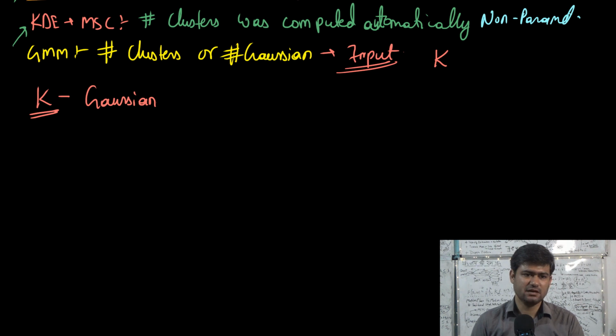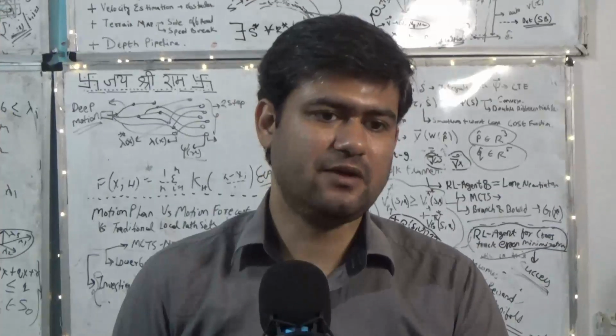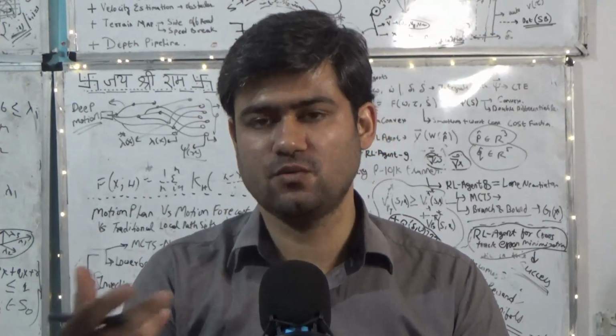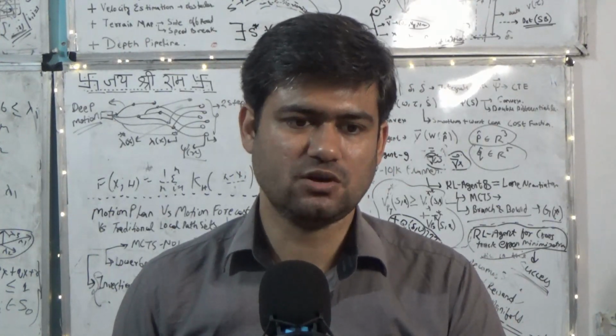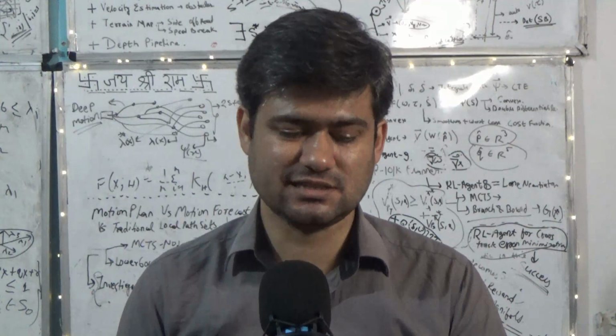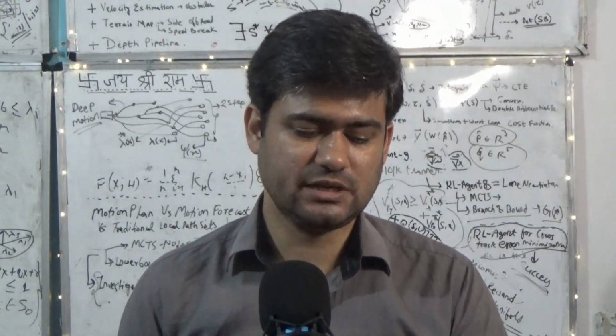The number k denotes the number of Gaussians, which is equal to the number of clusters in the dataset. So we have to make a choice of how many clusters we want to find in a dataset. This number of Gaussians k is an input to the algorithm.